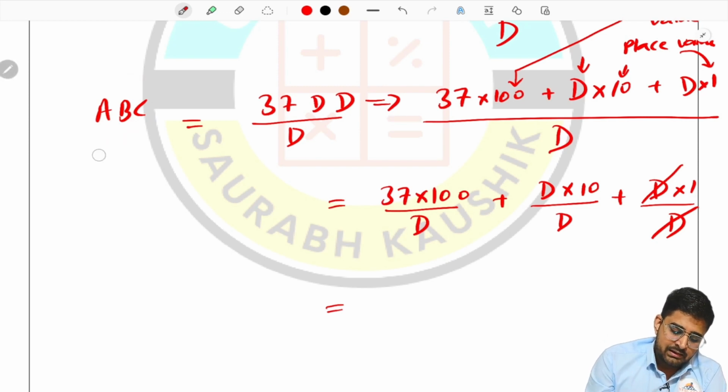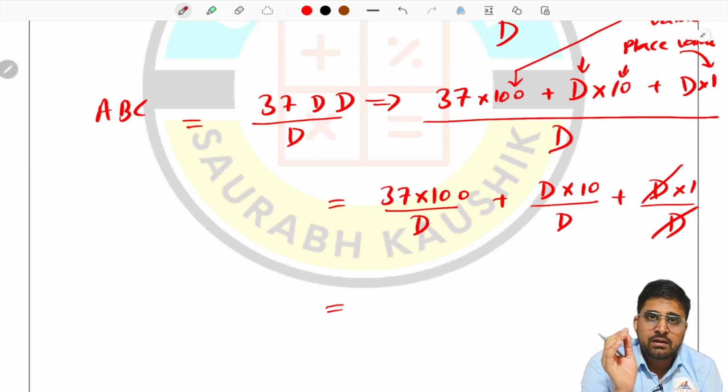If D does not divide the numerator completely, the number will be in decimal format, for example 123.45, and this is not possible. So D must divide the number completely. This is the logic, and that is why we separate all the place values.